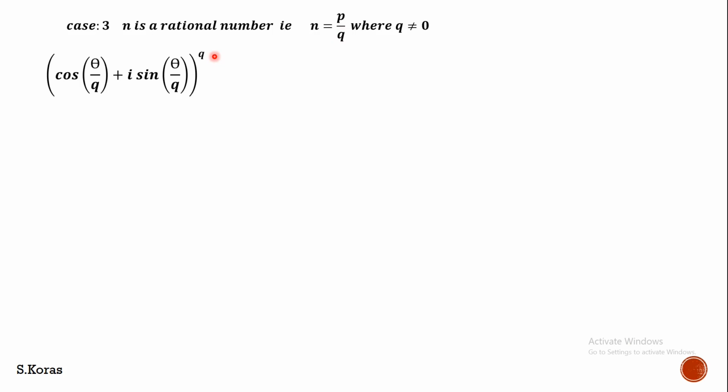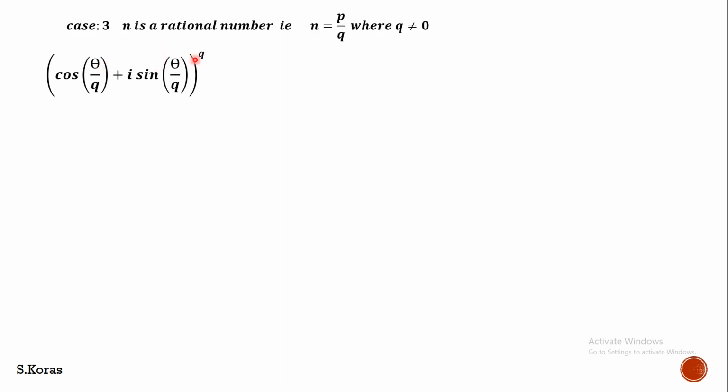So according to the first case and the second case, if this power is an integer, we can bring it inside, because cos theta plus I sin theta the whole power n is equal to cos n theta plus I sin n theta. We proved it for positive integers as well as for negative integers. So q is an integer now, so we can bring it inside.